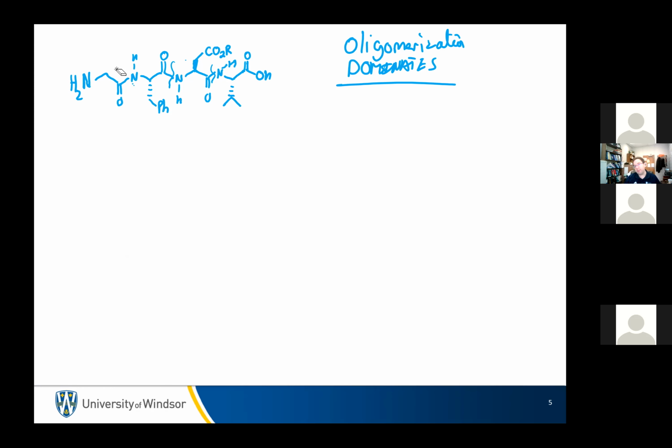If we did have another amine on here, if we had a lysine residue, that would be a problem. And note we have a protected carboxylic acid, so you're not wrong in thinking about that problem, because that's why we need to protect this. Otherwise, this carboxylic acid would compete with this carboxylic acid.